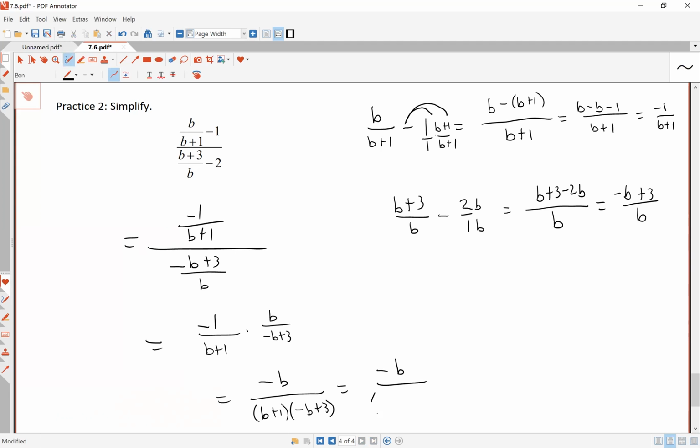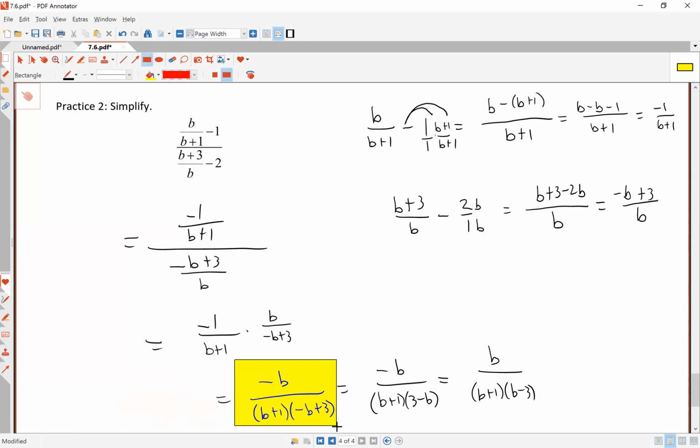You could write the -b plus 3 as 3 minus b, or what some people do is take this minus sign and distribute it through on those two pieces and make it b over b plus 1 times b minus 3. However, all of these answers are equally good for us.